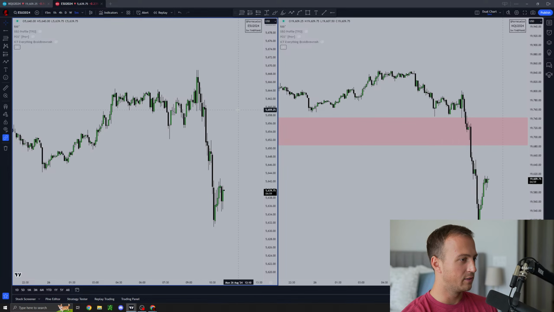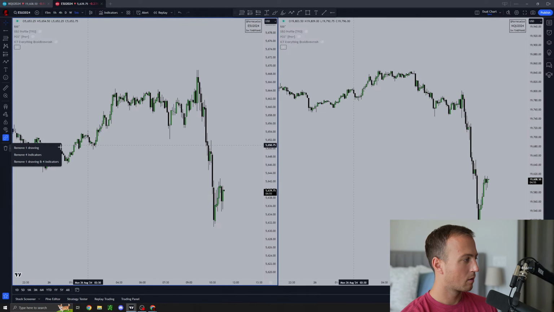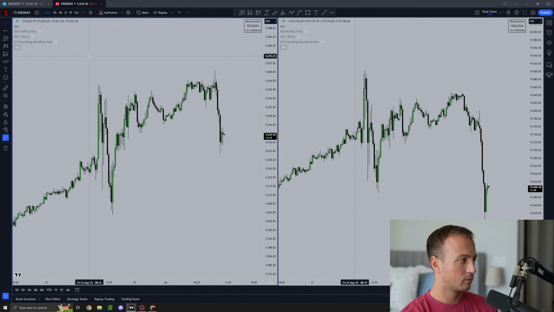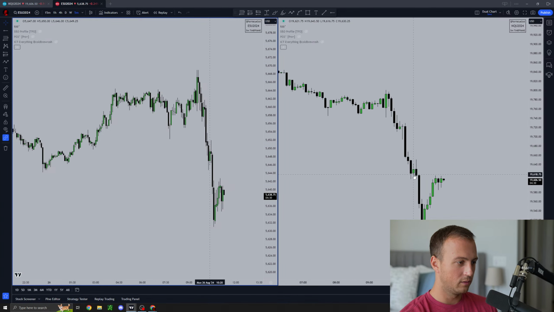Here's ES on the left. Oh, here? Up close candle.